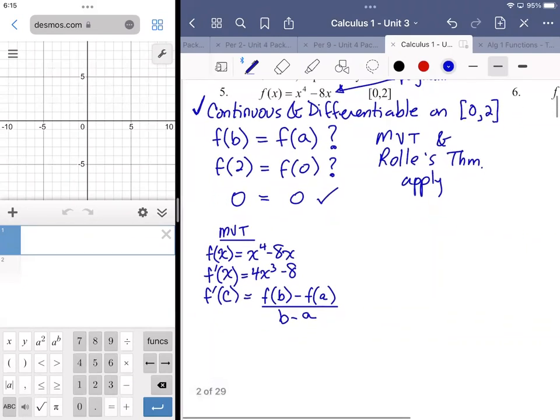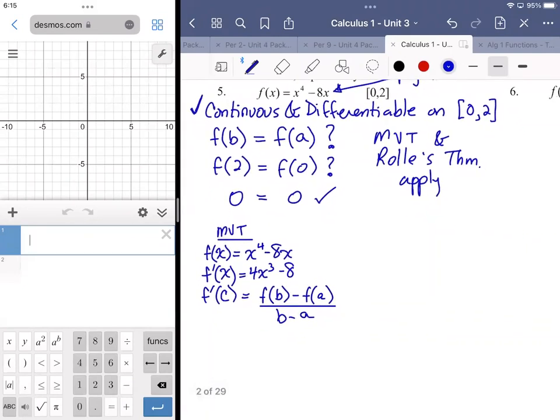So there has to be some value c on this closed interval from a to b for which the instantaneous rate is equal to the average rate. So f prime of c would be exactly what I have here in my f prime of x, just replacing any x with a c, so 4c cubed minus 8.